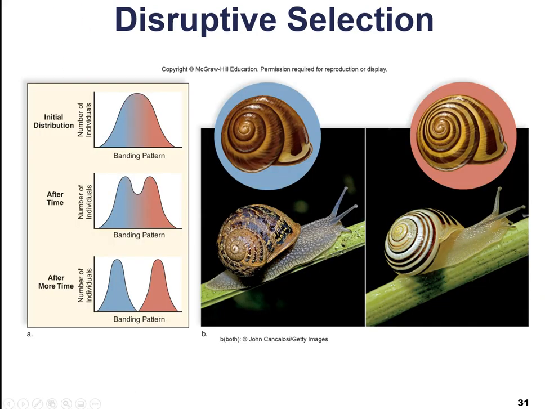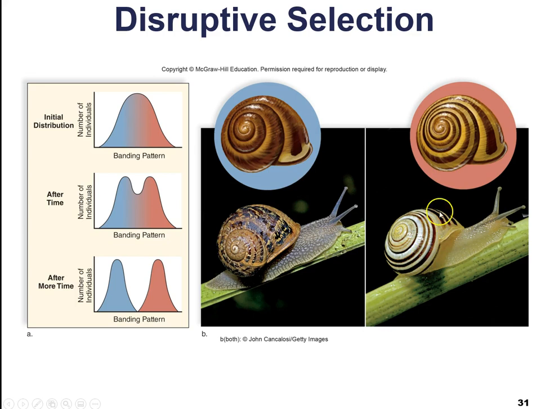Here is our example of disruptive selection, or these land snails. Again, it just happens that there are two geographical locations within this population. So if you live in this area, this color or pattern on the shell is more favorable, obviously due to probably prey selection, and also the ability to properly blend in with the environment.